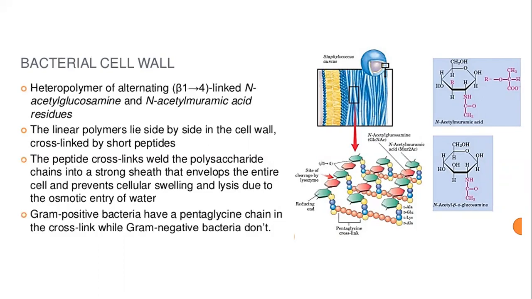In gram positive bacteria, the pentaglycine chain is the cross link that is present. This pentaglycine chain is absent in gram negative bacteria.